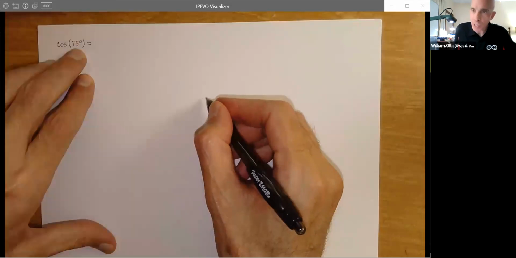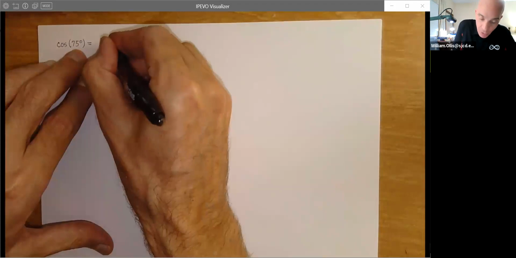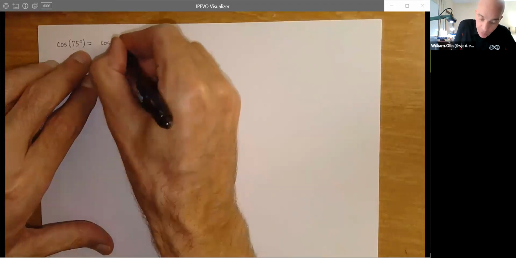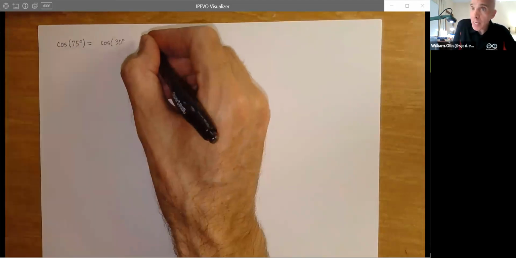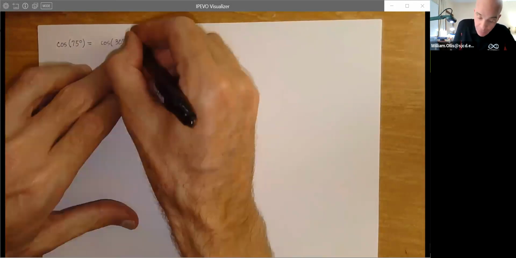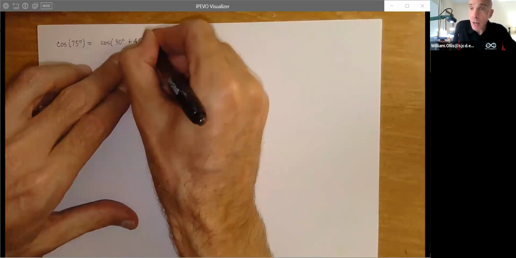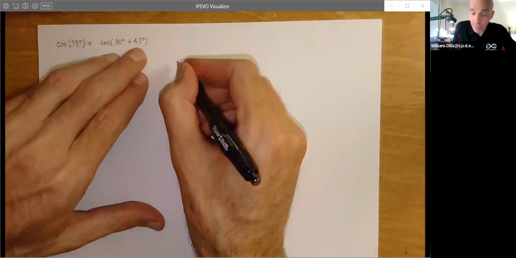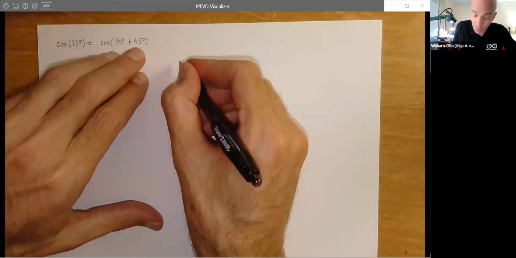So now, just like we had before, we'll say, okay, I need an exact value. So I'm going to do what Professor Ryan recommended we do, which is really what the picture in the WebAssign told you to do: write the 75 as the sum of two angles from the unit circle. And now we have the formula from our identity theorem.